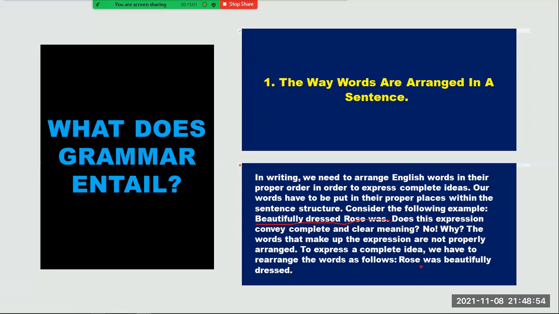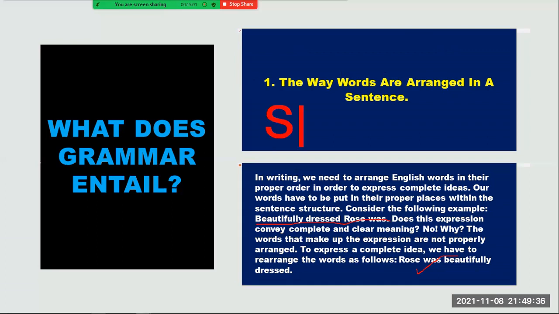And so if we rearrange those words, what we have here is: Rose was beautifully dressed. Rose was beautifully dressed. When you look at it, you discover that the structure of the sentence is now maintained.